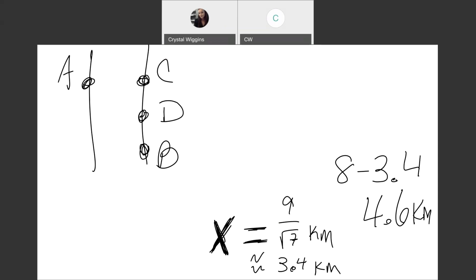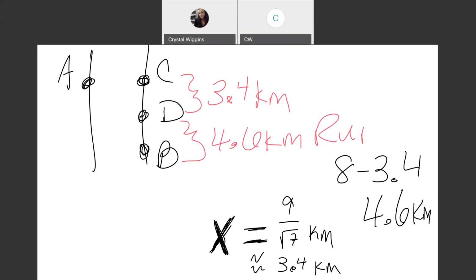We just found that x, how far down he should go, where he should stop at D, is 3.4 kilometers downstream. And then we found that he'll be running a remainder of 4.6 kilometers. So this is the actual run distance, not rum. I don't know why I keep doing that. The run distance, because he's running straight down.